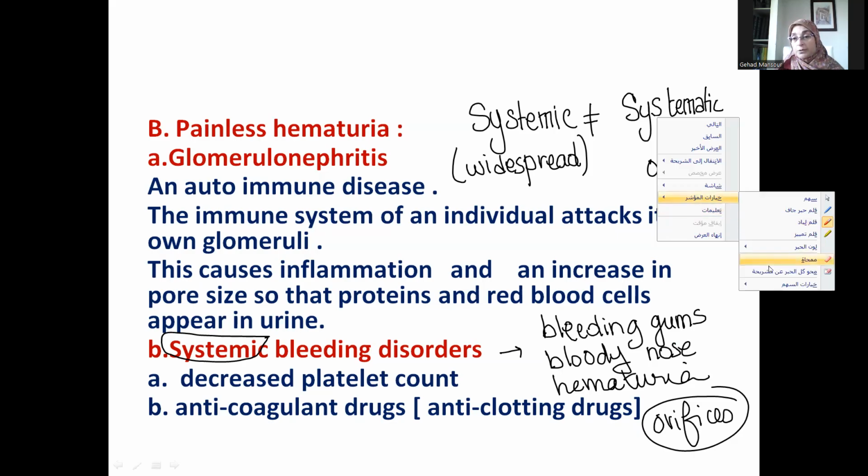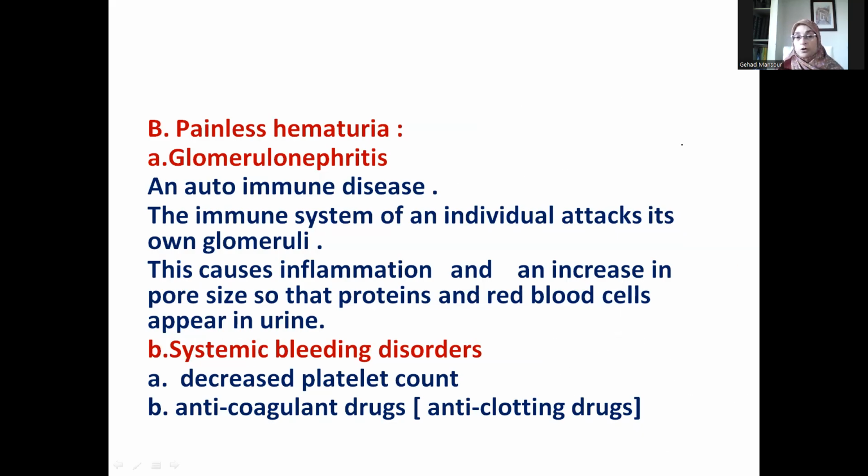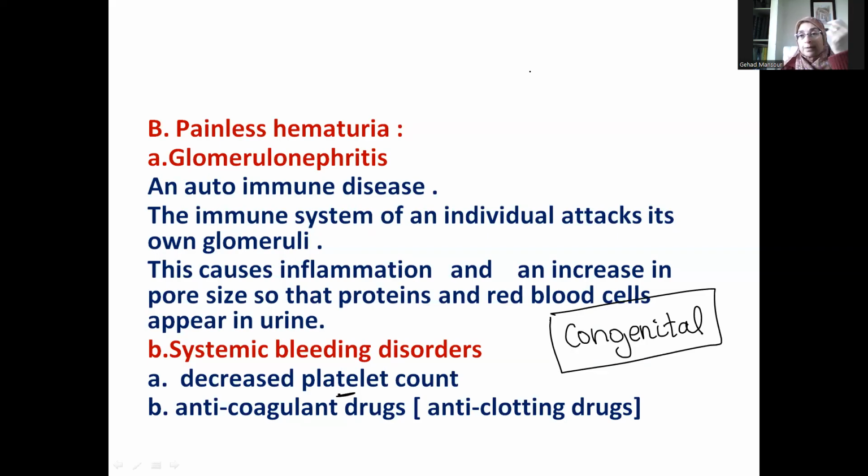Systemic bleeding disorder. Yes, but what are the causes of systemic bleeding disorders? They might be congenital, meaning that, for example, you are born with a small count of platelets. The platelets are subcellular structures or fragments of cells in the body.